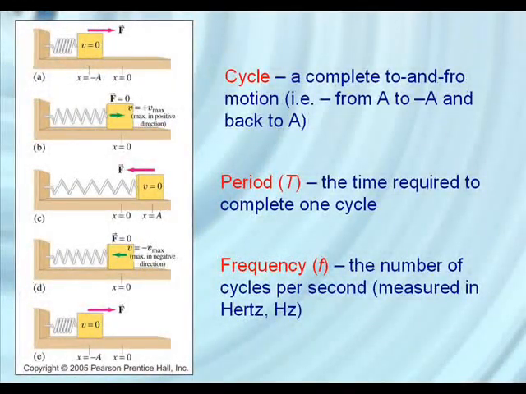A cycle is a complete back and forth motion. So from A to negative A to A, or from negative A to A to negative A, one complete motion is considered a cycle. The period, capital T, is the time required for one complete cycle. And frequency, lowercase f, is the number of cycles per second, measured in hertz.